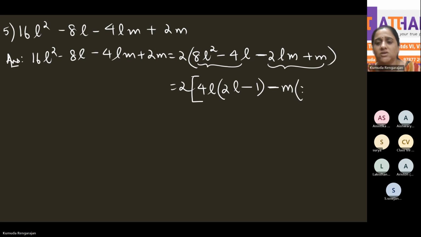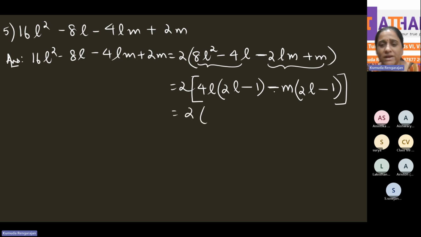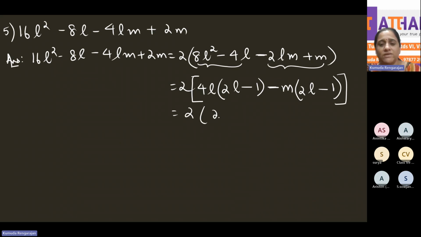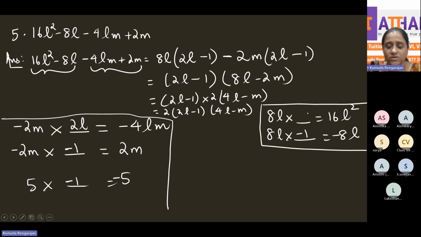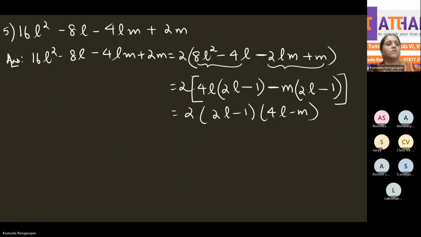Open bracket, 2L minus 1. So you can see 2L minus 1 in both brackets. So 2L minus 1 into 4L minus M, the same thing we got here. So remember, when all the 4 terms have something in common, take out that common factor and then group.